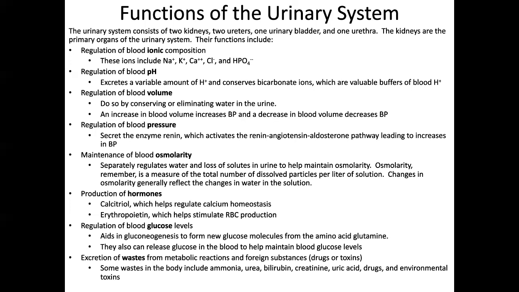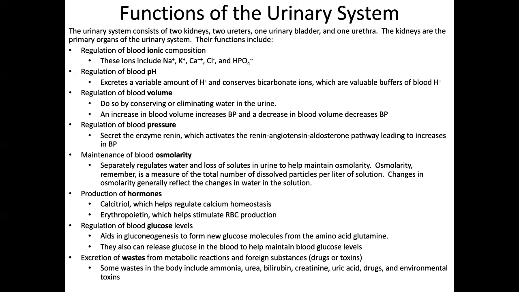Regulation of blood pressure is through those mechanisms, but it's also through the release of an enzyme called renin, which activates the renin-angiotensin-aldosterone mechanism or pathway that ultimately leads to increases in blood pressure. We've talked briefly previously about the renin-angiotensin-aldosterone pathway before. We're going to get into it again here in this lecture this afternoon.